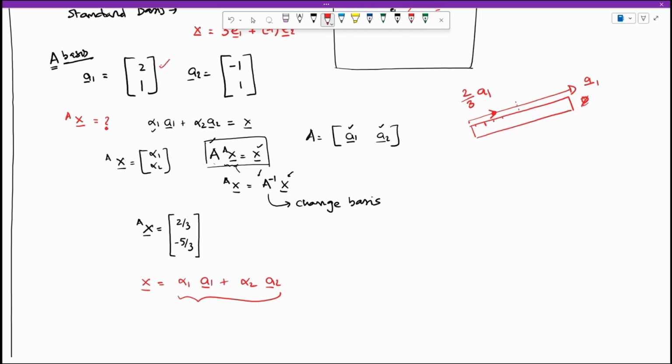Yes, of course, because that's the representation. Yeah, because we started with 3, minus 1. Okay. Does everybody have it? Okay.